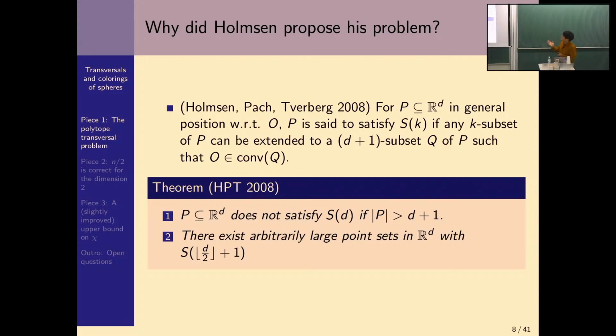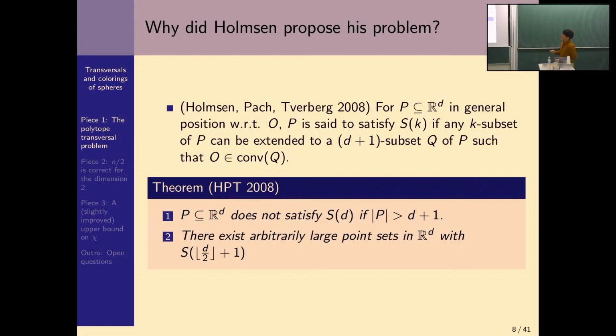For a point set P, which is a point set, not a polytope, P is a point set in general position with respect to O, the origin. The general position concept here means that whenever you choose d vectors, or d points as vectors in the Euclidean space or fewer, they should be linearly independent. Okay, so this is the definition of general position here.